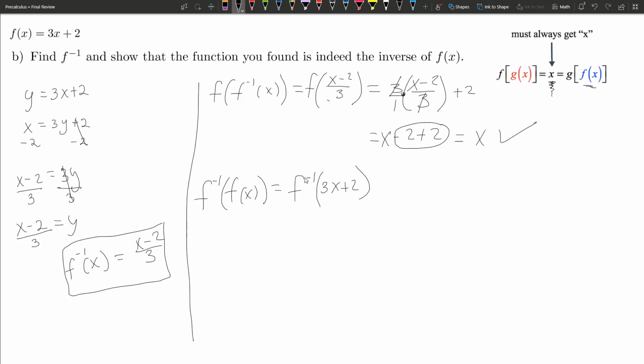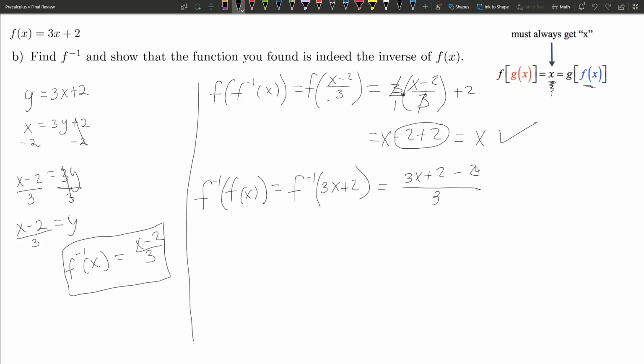Now, in the inverse function, wherever I see an x, I'm replacing it with 3x plus 2. So this is 3x plus 2 minus 2, over 3. I could put it in parentheses, but because there's no multiplication or anything happening here, I think it's fine that we just leave it like that.